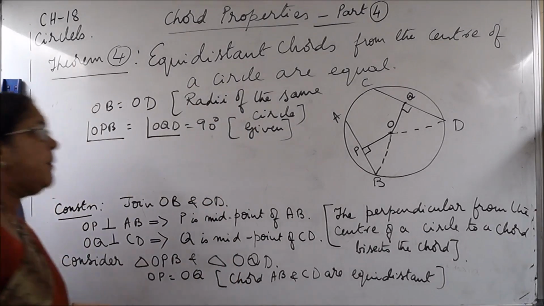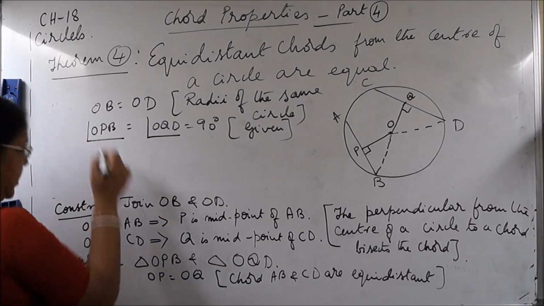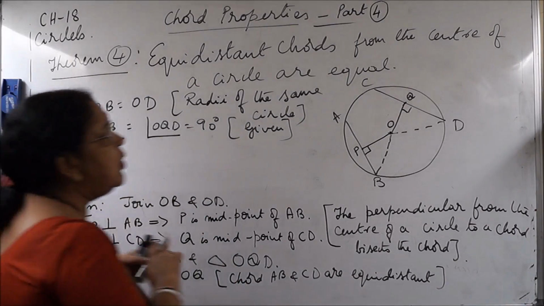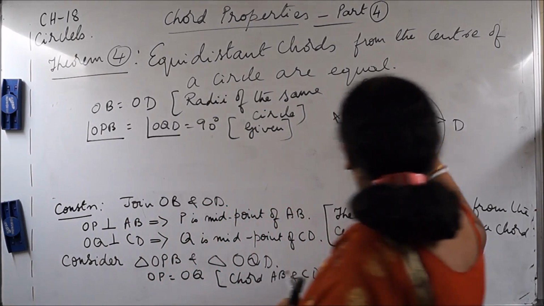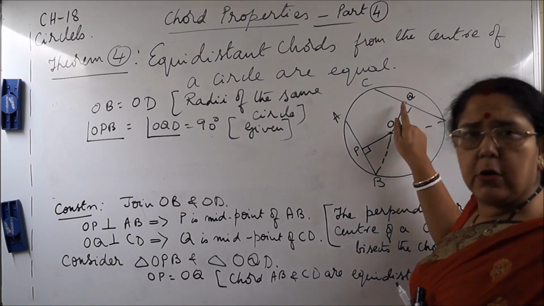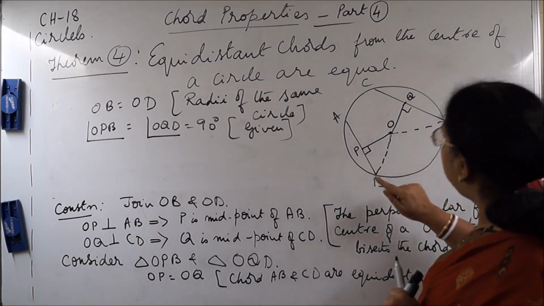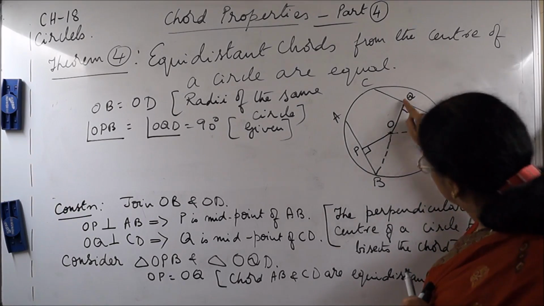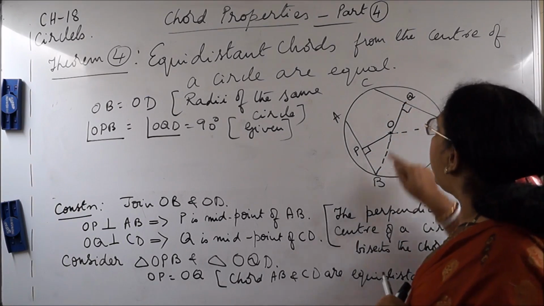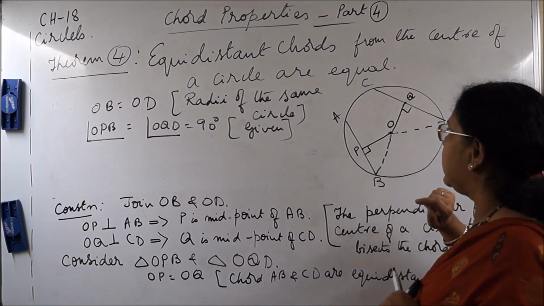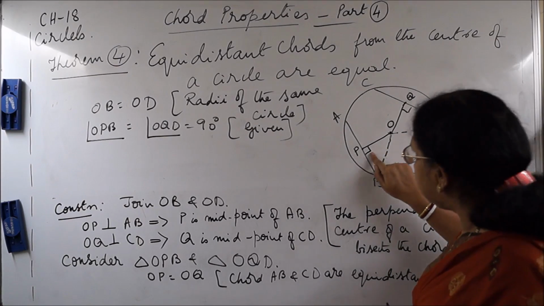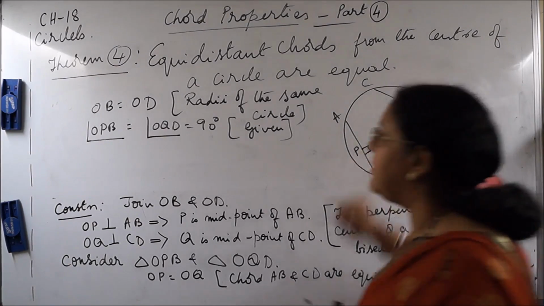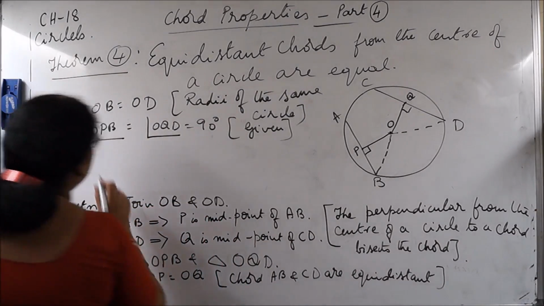So according to these three points, we have OP equal to OQ, the angles equal at 90 degrees, and these two sides equal. So hypotenuse, right angle and one side, that means RHS. So they are congruent.